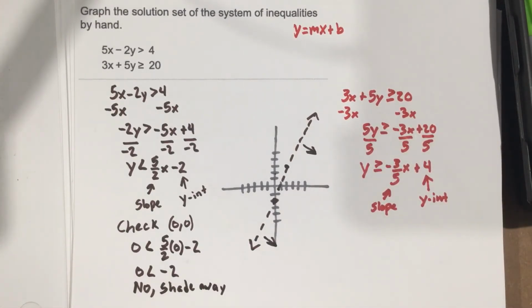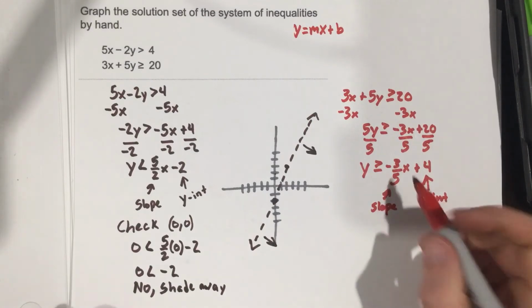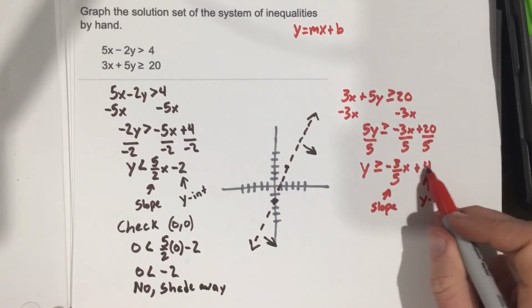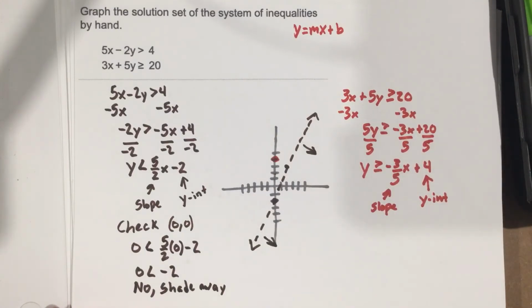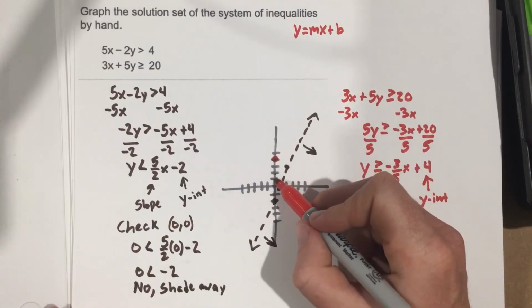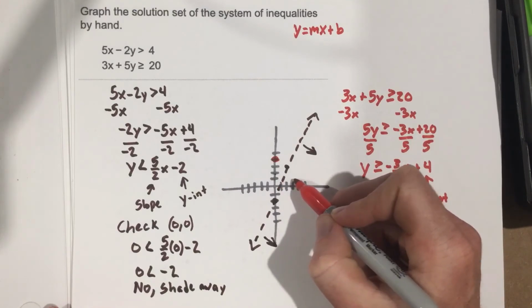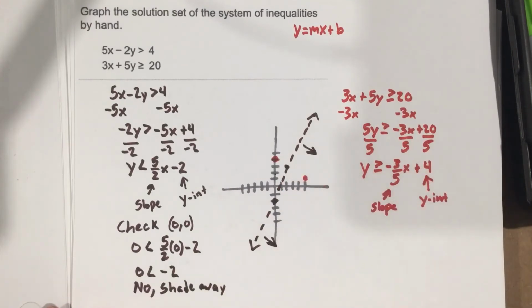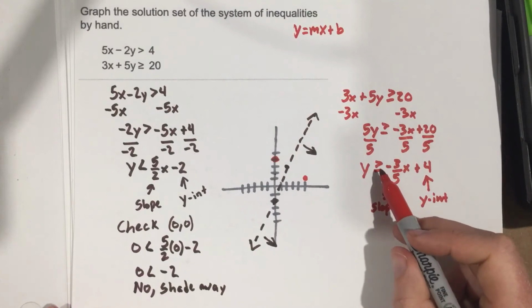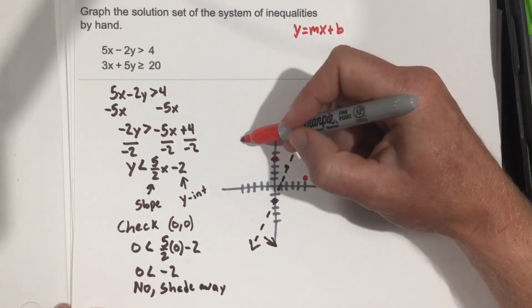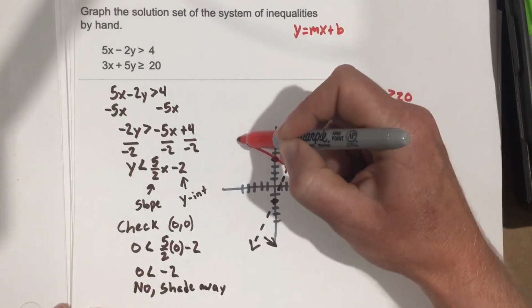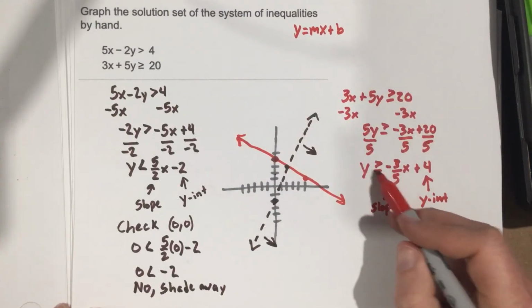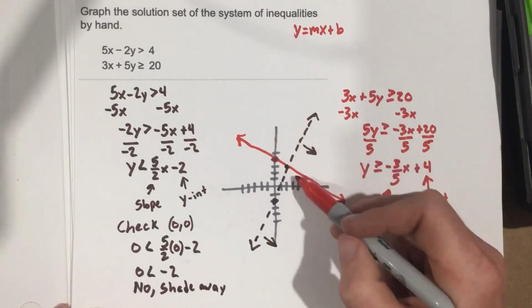Now on the next one, we're going to use red, the next inequality. We're going to look at the y-intercept, which is 4, which is here. And then we're going to go down 3 over 5. So 1, 2, 3 over 1, 2, 3, 4, 5. This is going to be a bold line. And it says greater than or equal to, so we're actually shaded above.